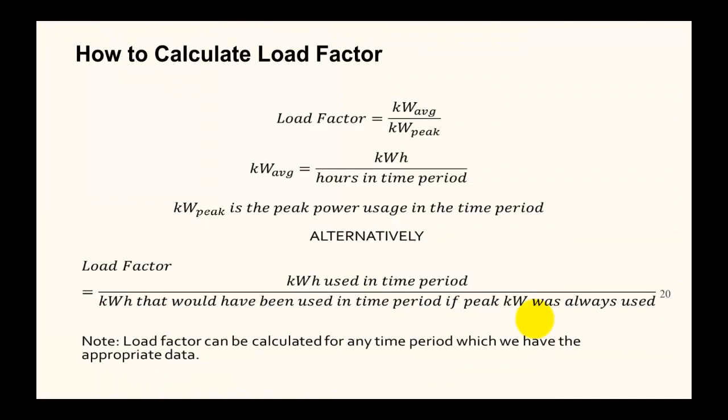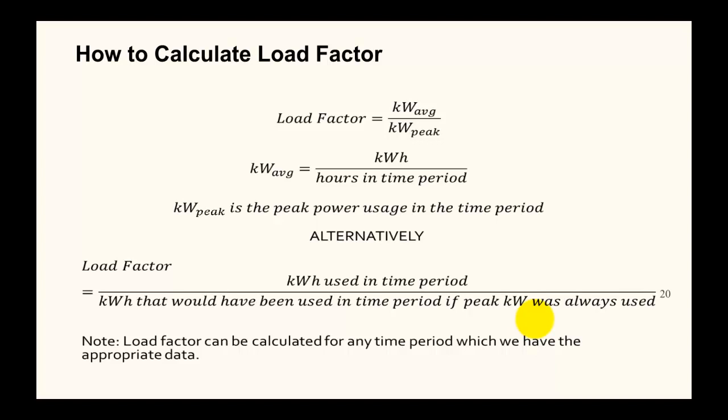There are a couple different ways we can calculate load factor, but basically they're the same idea, just rearranged a little bit. Load factor is kilowatt average over kilowatt peak, and kilowatt average is the kilowatt hours divided by the hours in the time period.